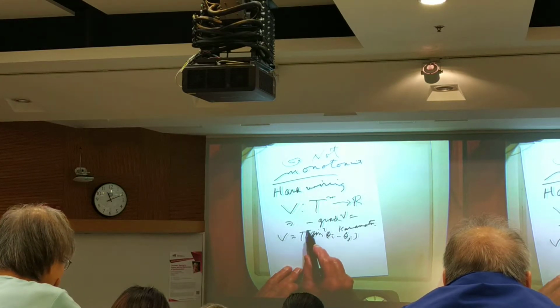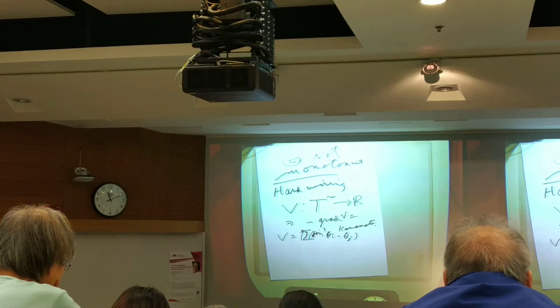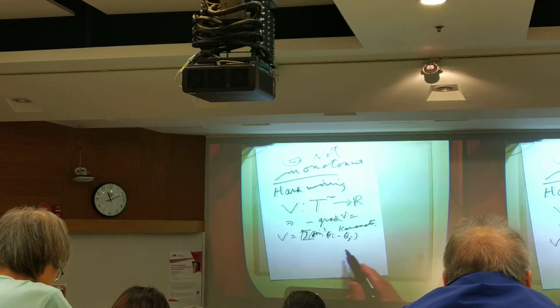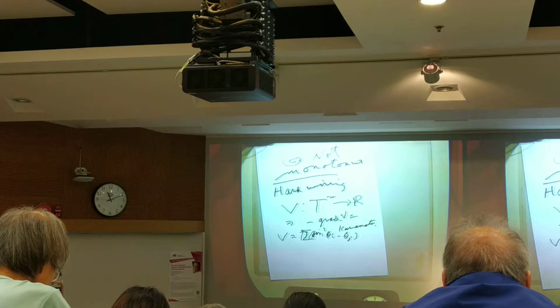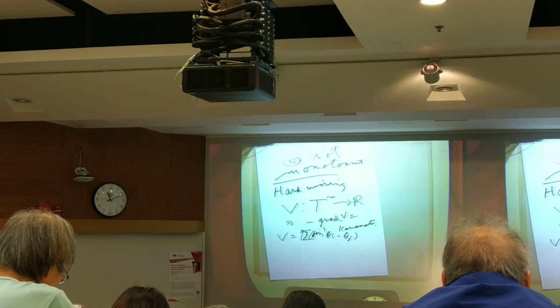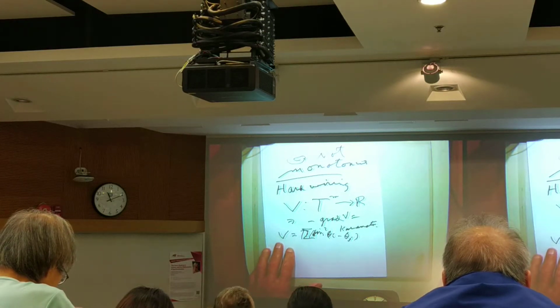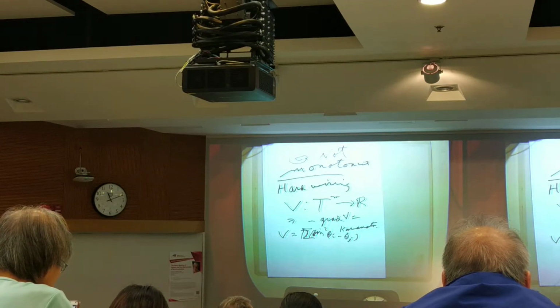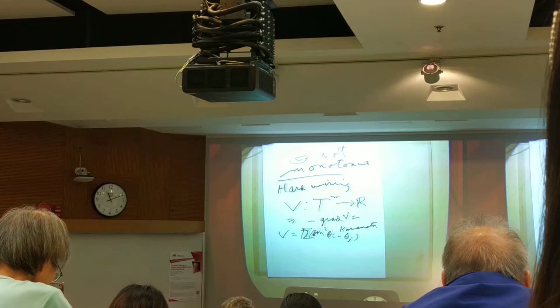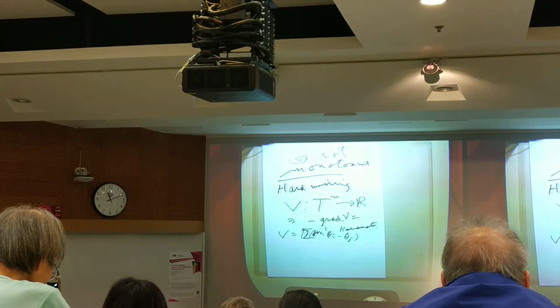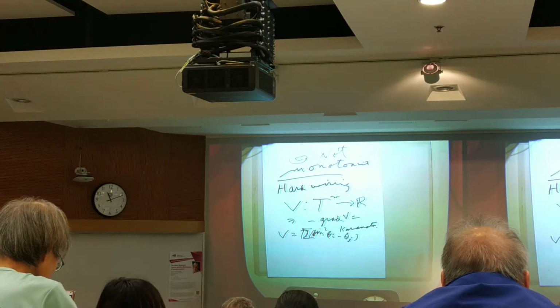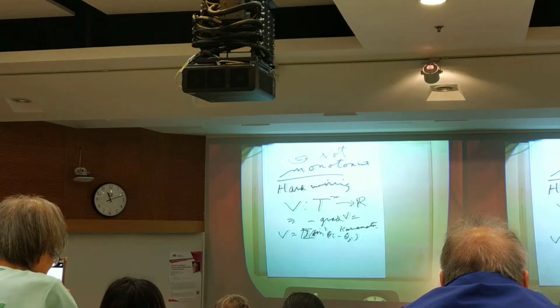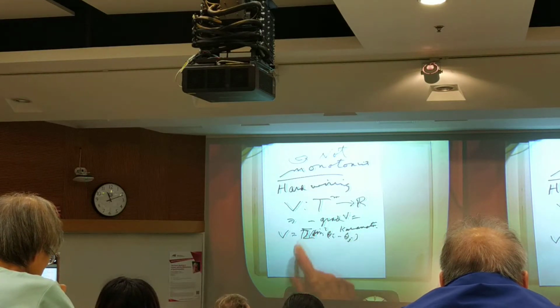Then there's a 2 in there, but you can figure out what V should be by this equation. Minus gradient V is the same as the Kuramoto equations, which is a huge literature. Kuramoto equations are a big deal. So this puts the Kuramoto equations in our setting.